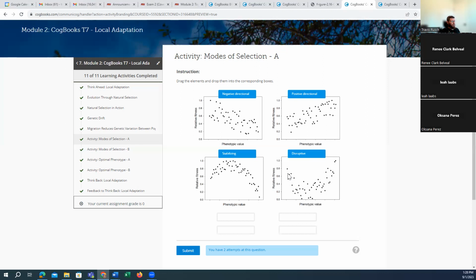Yeah, so it'll favor the extremes. Low phenotypic values have high fitness, intermediate values have low fitness, and high values have high fitness. So we have two value ranges that have relatively high fitness and one range that has lower fitness. Versus here, we have the opposite. We have one value or range that maximizes fitness, and at either of the extremes, it reduces fitness.